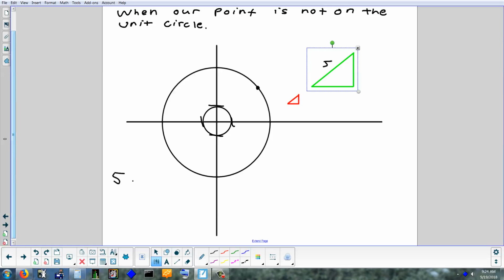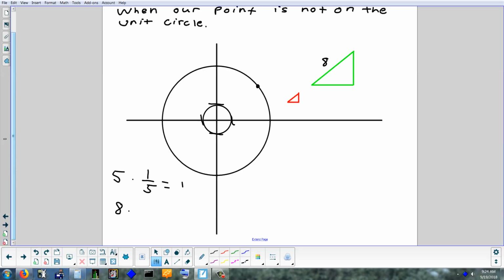So if you take 5 times a fifth, you get 1. Let's pretend that the radius here was 8. And I asked you, what would you have to scale the green triangle down by to make it exactly the same size as the red triangle? Because the red triangle we know how to do. The green one is too big. What would you scale the green triangle down by? Yeah. 1/8.